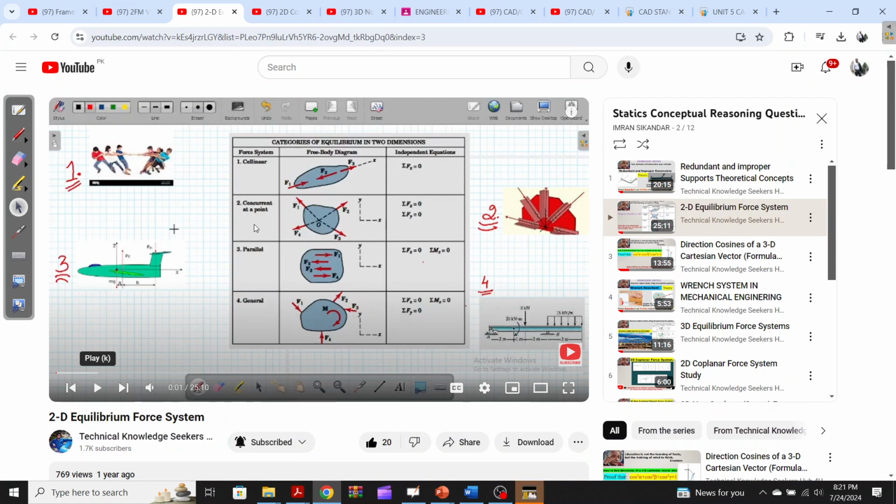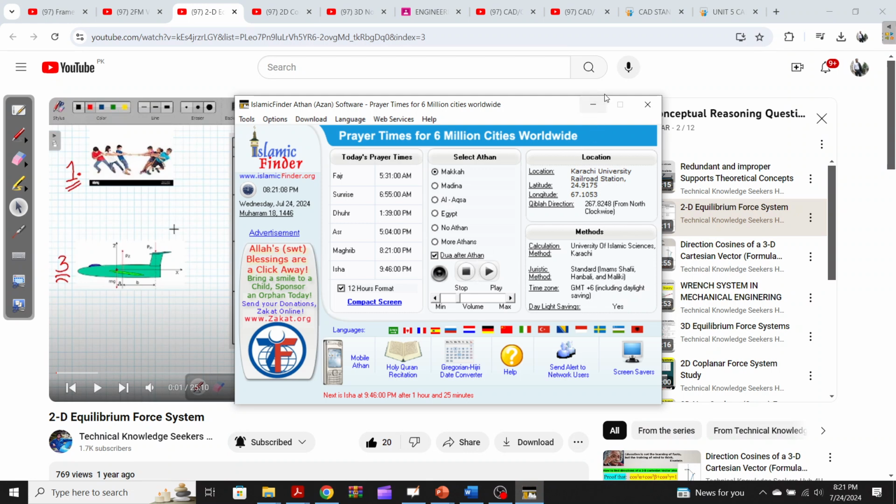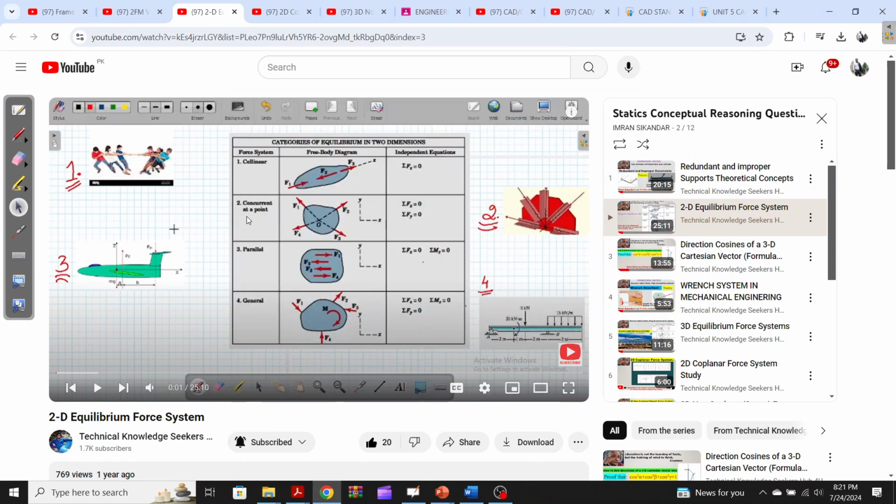This is a coplanar force system, concurrent at a point. You have to draw this picture, and the independent equations are this, and this is the figure he's asking you to draw.